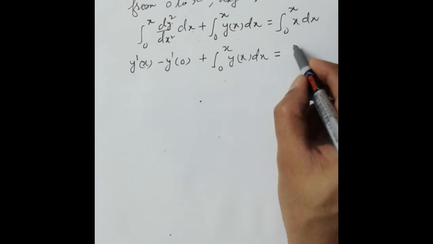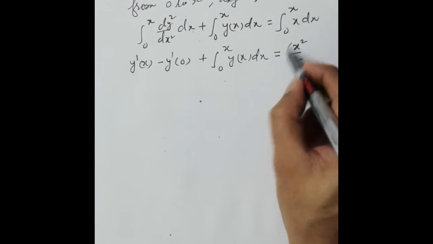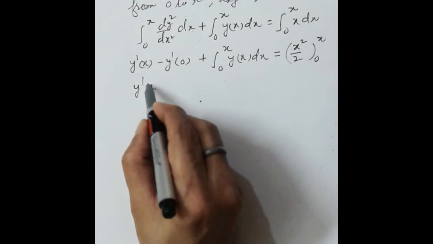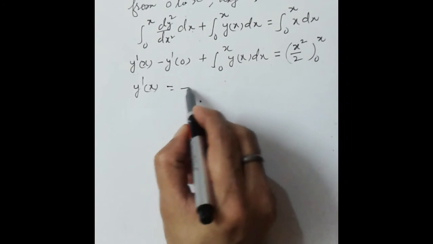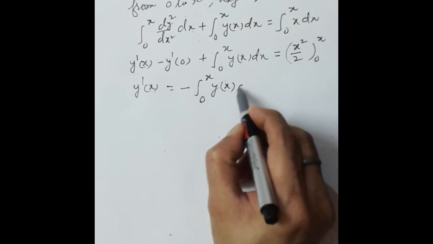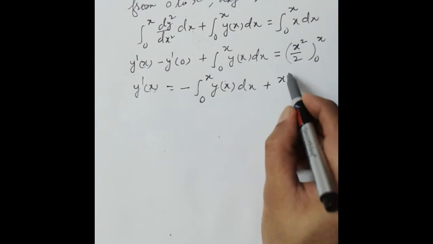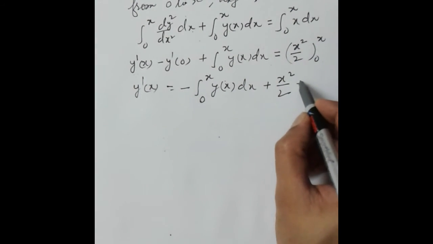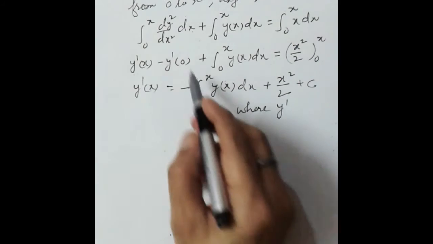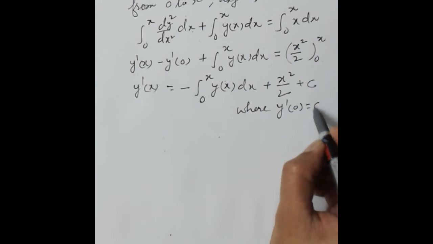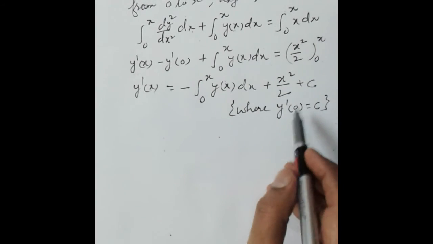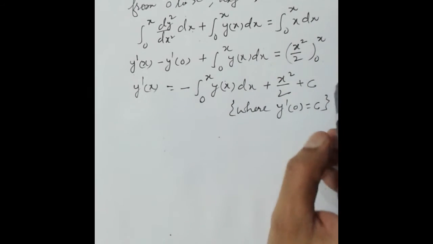This is equal to x²/2 from 0 to x. So y'(x) is equal to minus the integral from 0 to x of y(x) dx plus x²/2 plus c, where y'(0) equal to c. This equation is denoted by 1.